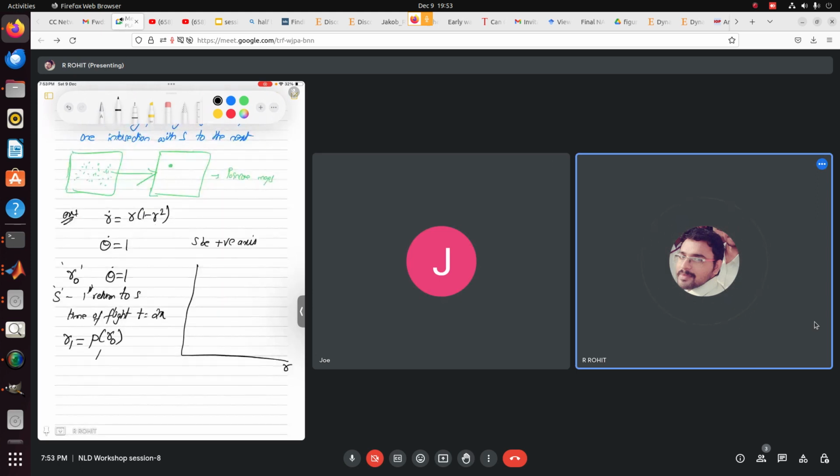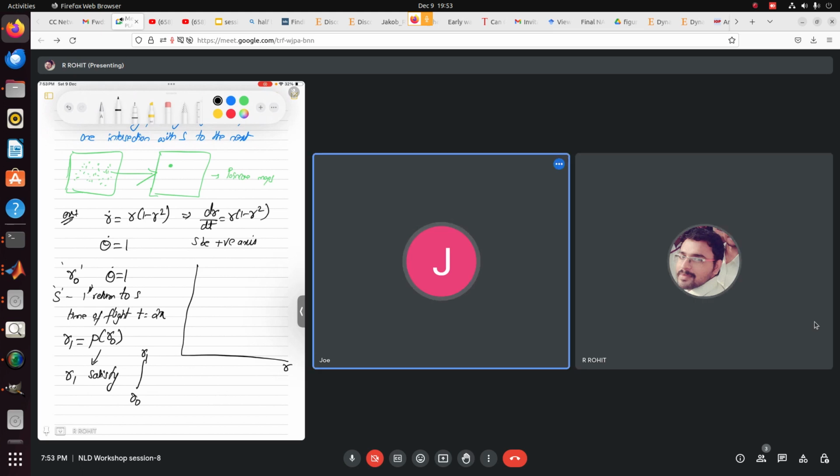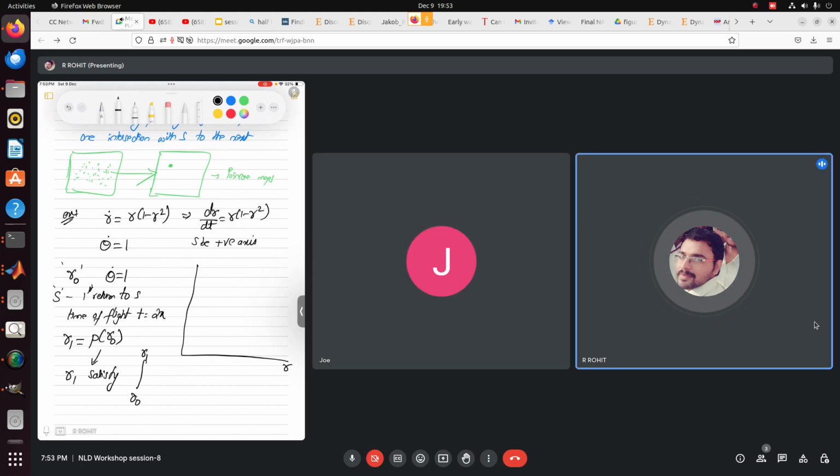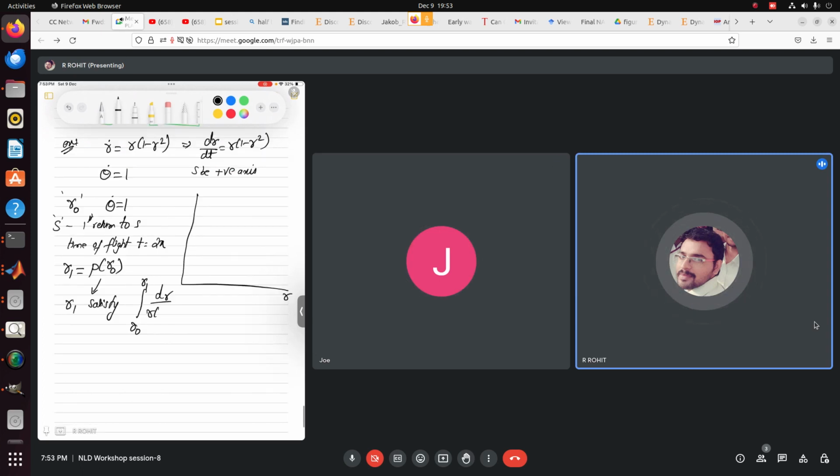So then r1 should satisfy the condition that the integral from r naught to r1 of dr by dt, which is r into 1 minus r square, if we rearrange it, you can write as dr by r into 1 minus r square equal to the integral 0 to 2 pi dt. This integral is nothing but 2 pi, the time of flight.